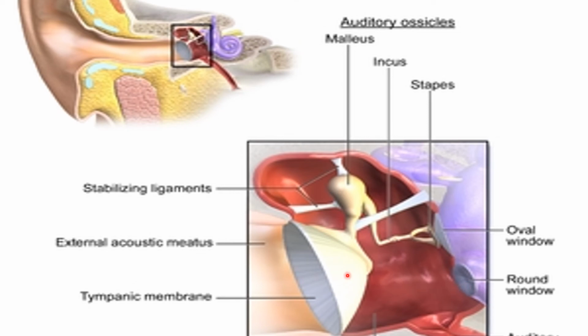So let us summarize the different parts of the middle ear. The middle ear consists of 3 ear ossicles, which are 3 small bones present in the cavity of the middle ear. In fact, the stapes or the stirrup is the smallest bone in the body. The malleus, the incus and the stapes are commonly called hammer, anvil and stirrup, respectively, because of their shapes.